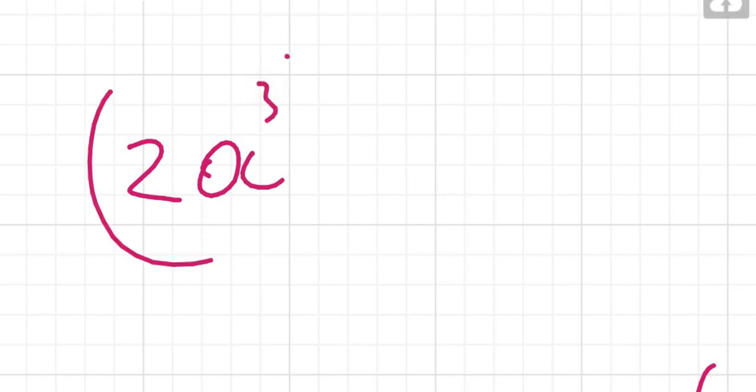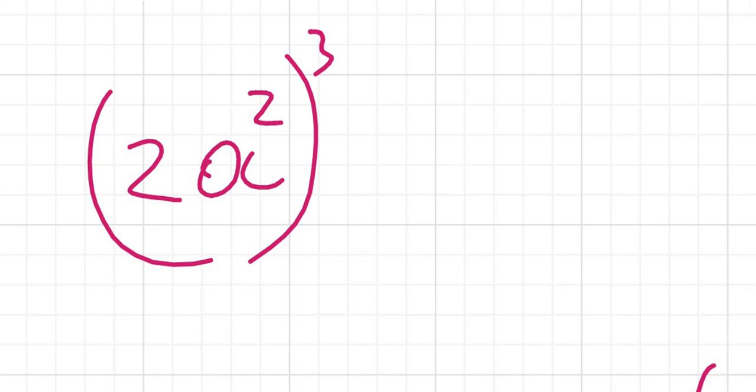We could look at another example. Let's say we have 2a squared, all raised to the third. The powers will multiply, or you could expand this to see if it makes sense.